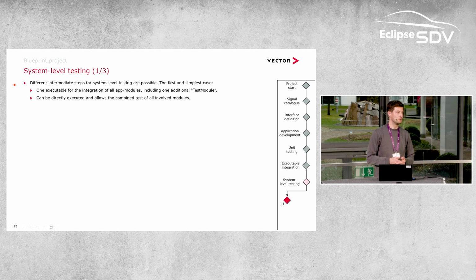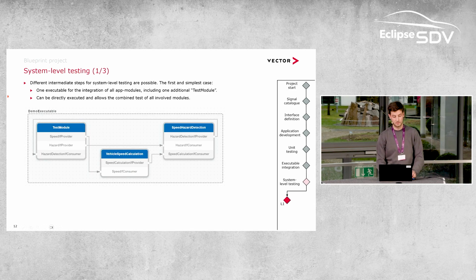We have only one executable. We have all the modules added there, and we add on top a so-called test module that allows you to execute this as a process in your Linux system, basically, as a starting point, and you can do some testing. The test logic would then live in an added test module here.